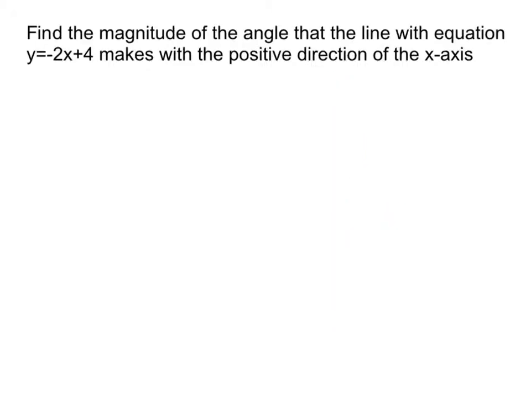Next question we have is to find the magnitude of the angle that the line with the equation y equals negative 2x plus 4 makes with the positive direction of the x-axis. Now, when we do these, we have the little rule m is equal to tan theta, and we have our gradient here is negative 2, so we have negative 2 is equal to tan theta.